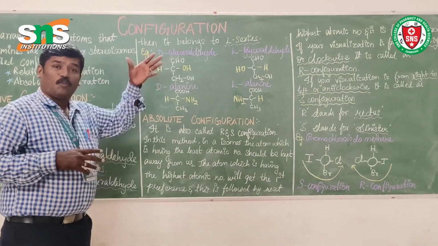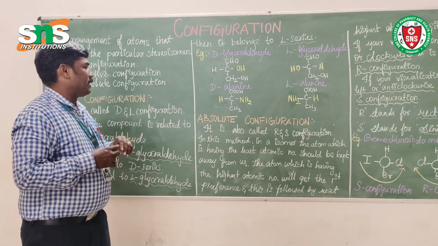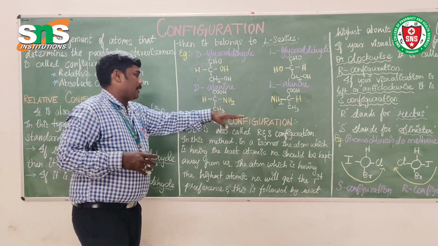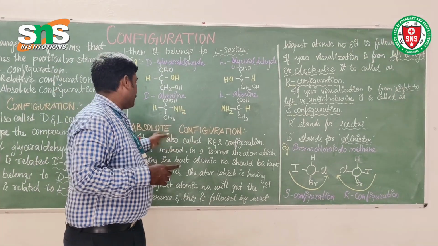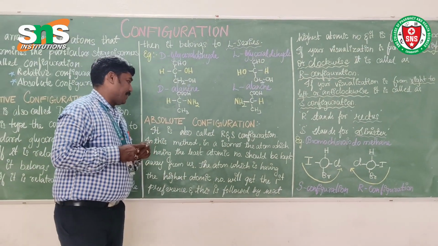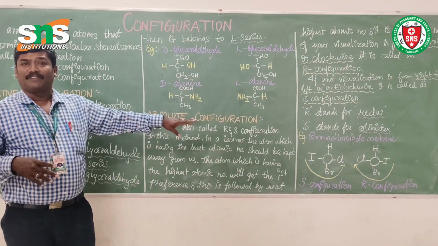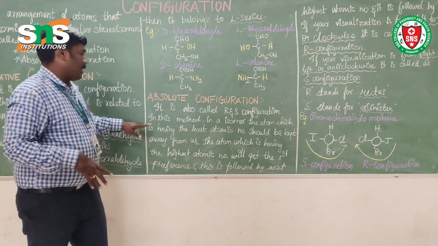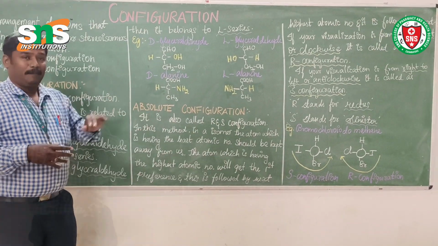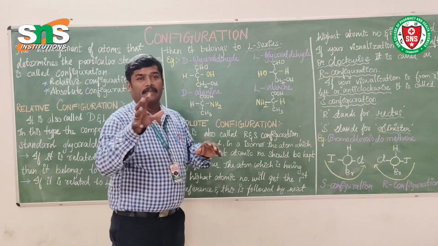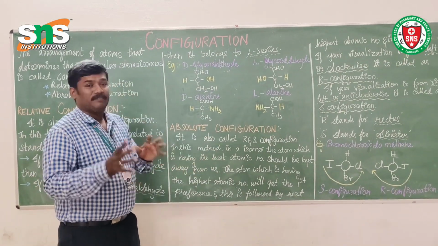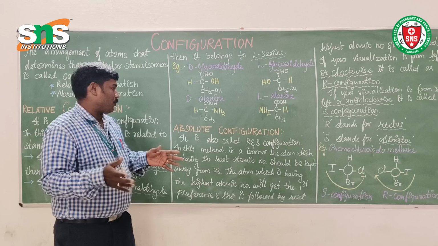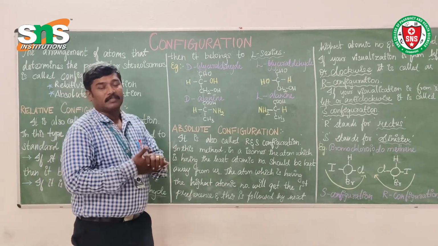In order to overcome this disadvantage, there is one more configuration, known as absolute configuration, which is otherwise called R and S configuration. In this method, we take the compound and visualize it.